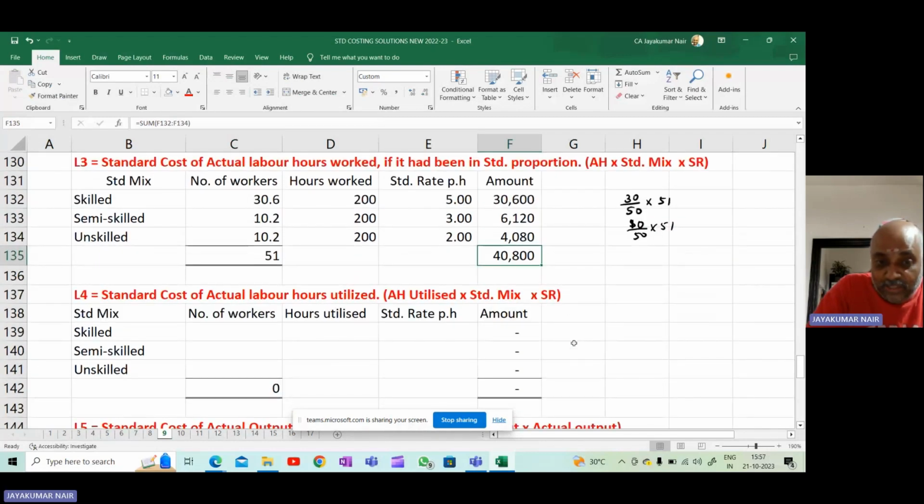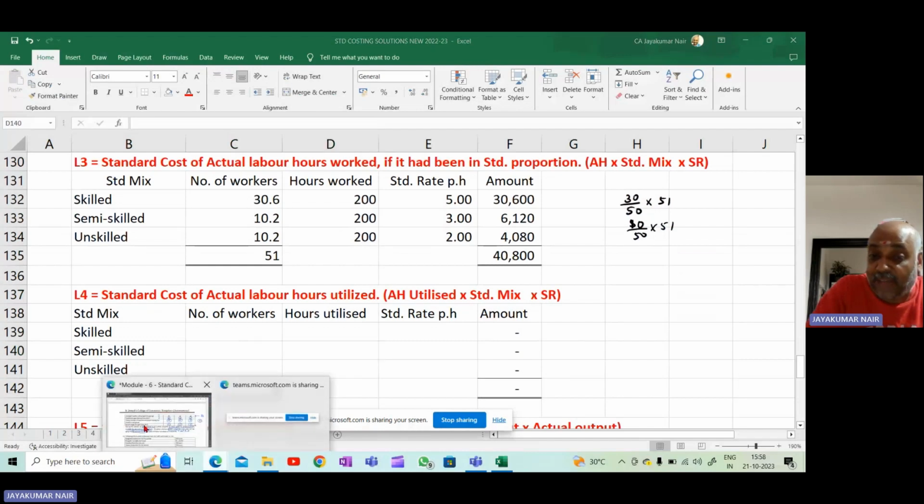Now the next one is standard cost of actual hours utilized. This is one extra step that you do when you compare the labor variance with the material variance. In the material variance, you don't have this. This arises because of the idle time.